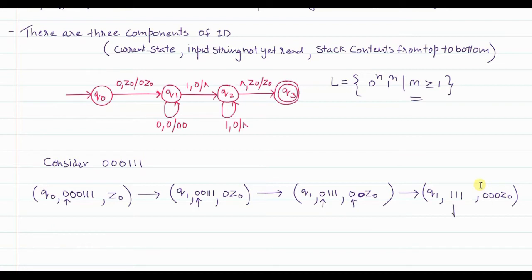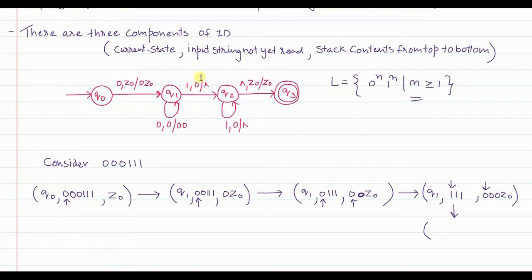Further, now in Q1 state, when 1 is read as input and top of the stack is 0, what happens? In Q1 state, when 1 is read as input and the topmost element of the stack is 0, you pop that 0 out. That means you cancel that 0 with 1.